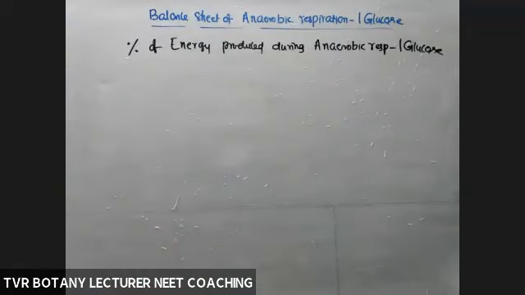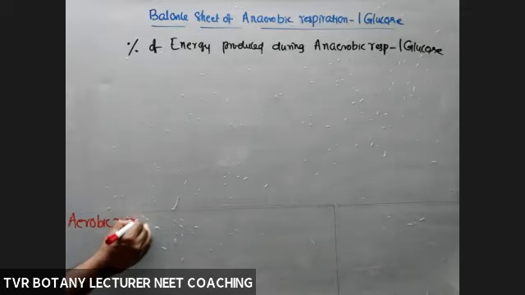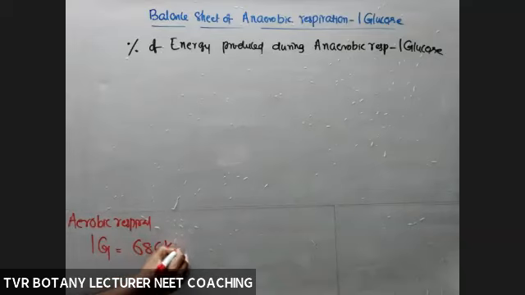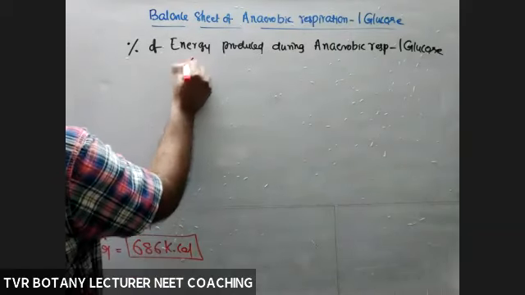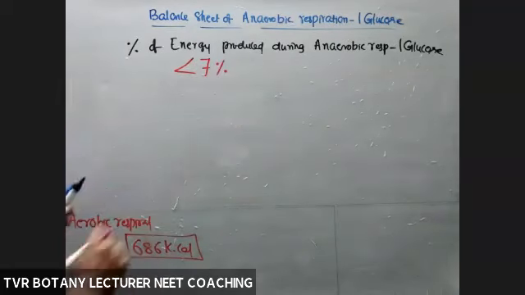In the case of aerobic respiration, per 1 glucose molecule, total energy is 686 kilocalories. In your textbook, the given value is less than 7%. How to calculate it?